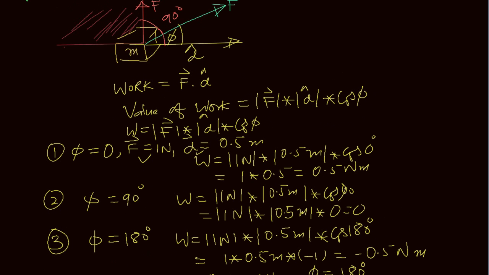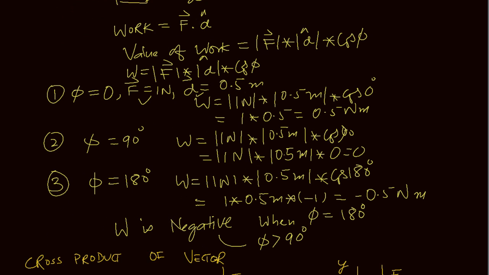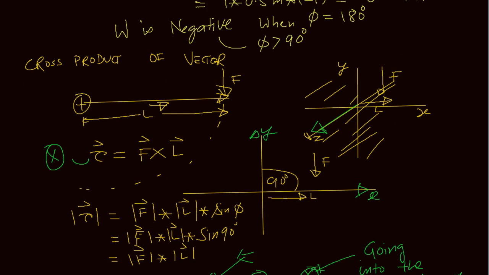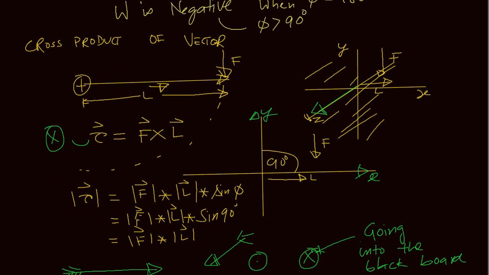If the angle between force and displacement is 90 degrees, work done by that force is 0. If the angle is 180 degrees, work can be negative, and we will look at it in a little more detail. And this is the cross product of two vectors, where you get a vector out.